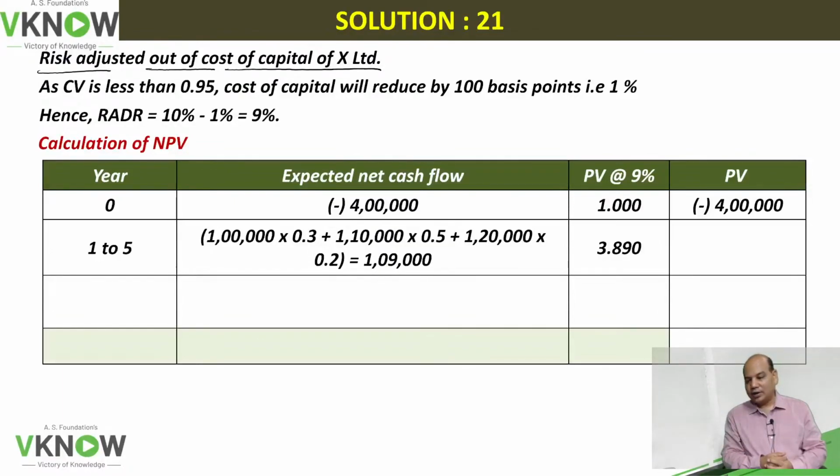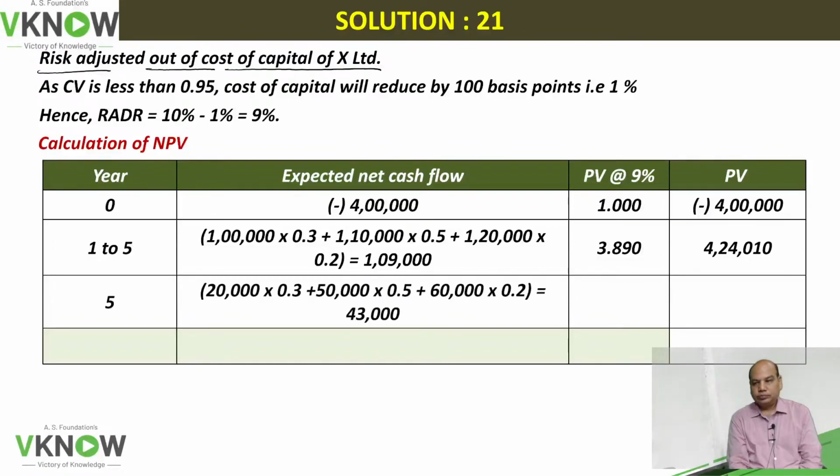PV factor at 9%, 3.890. Please check. 424,010 present value.